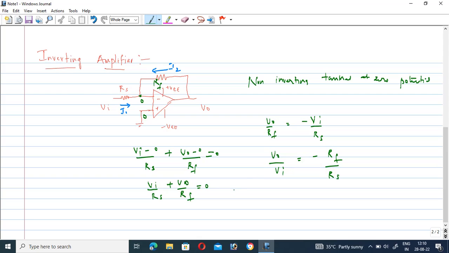V naught by Vi is called the voltage gain in the case of the inverting amplifier.